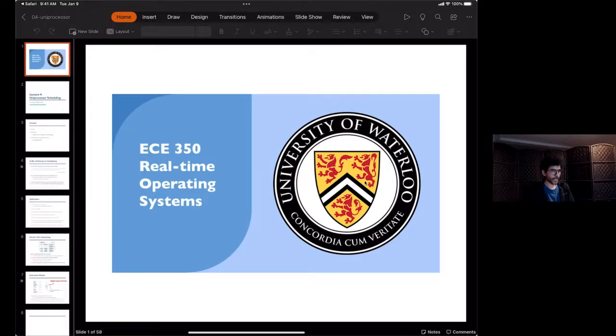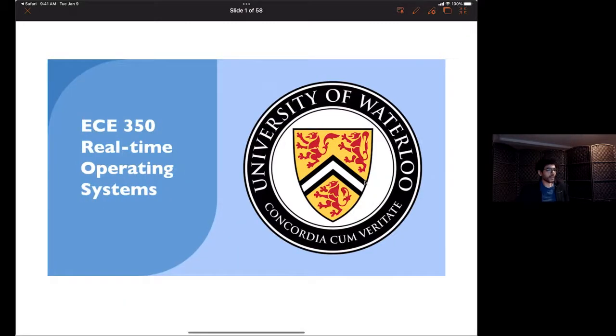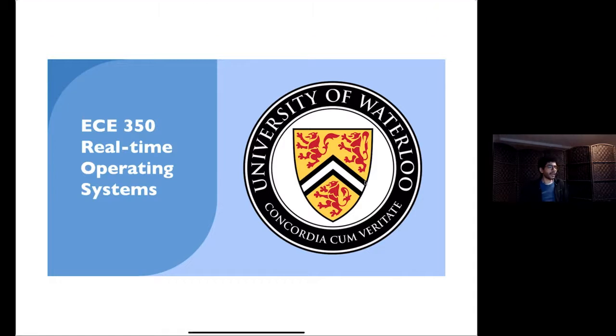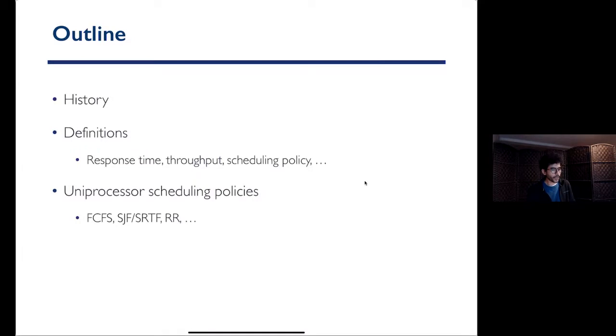Okay, so without any waste of time, let's start uniprocessor scheduling. So what are we going to see? We're going to see a little bit of history, a little bit of definitions, and then we start seeing a few famous scheduling policies.